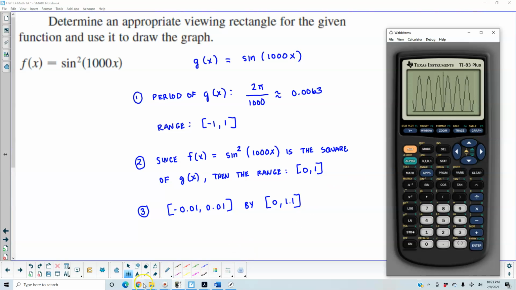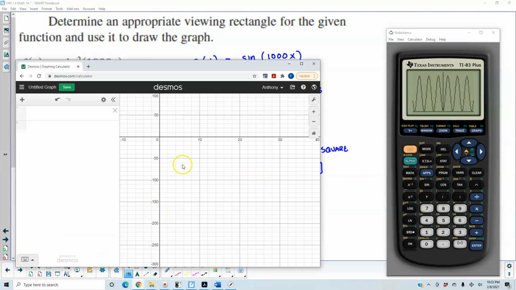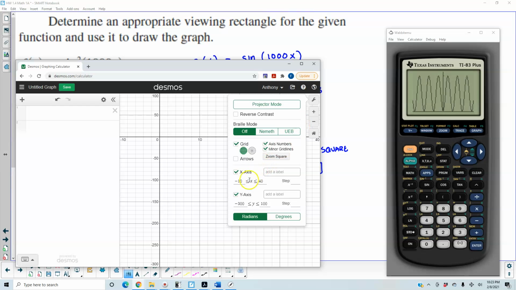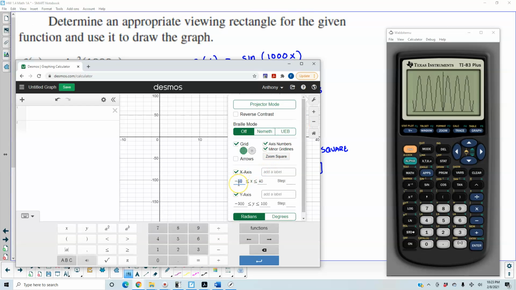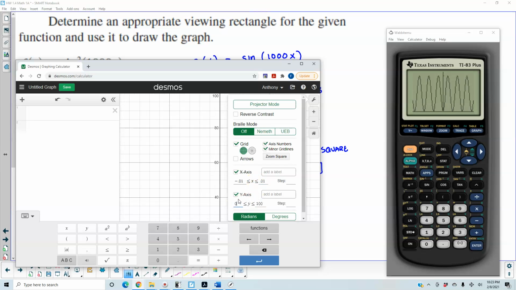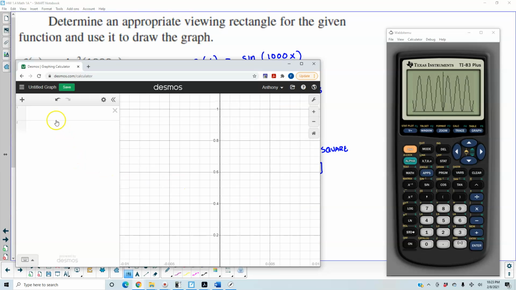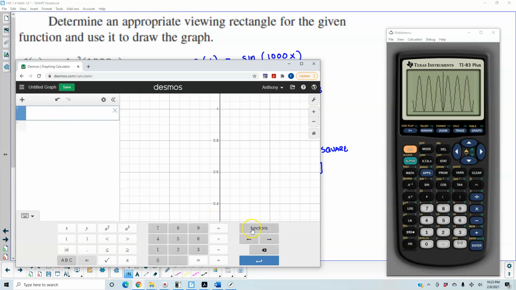Okay. And then if we want to do that in Desmos, let's change our x range to -0.01 and then +0.01, and our y range to 0 and then 1.1. And then let's put it in here.